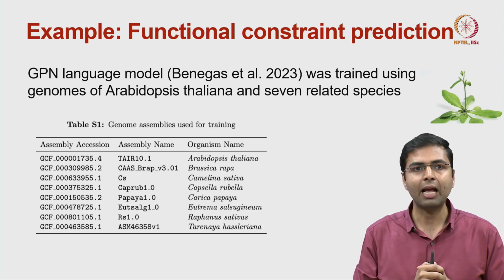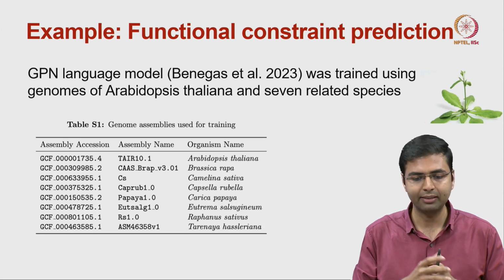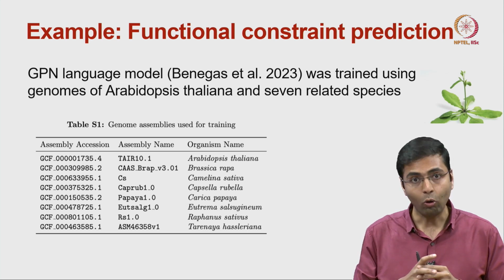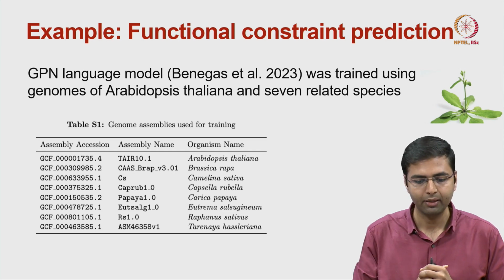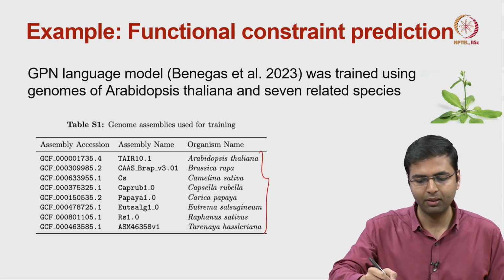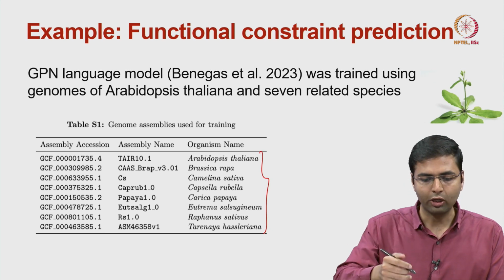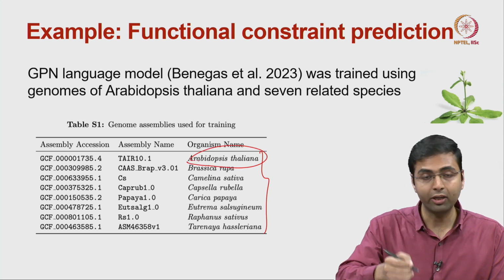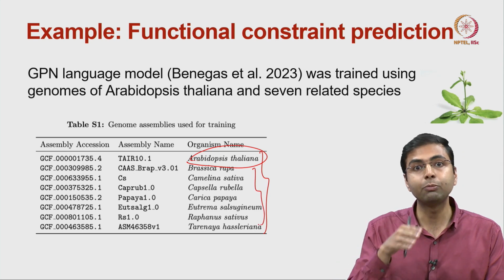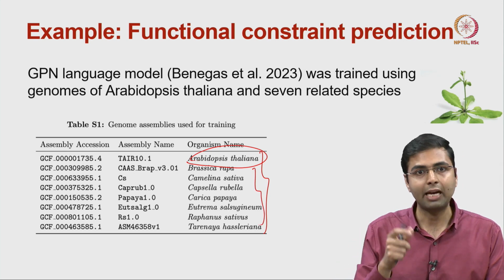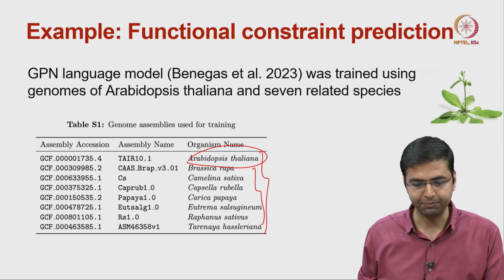Now, let us consider this example of a language model that was proposed in 2023, and this model was trained on the genome sequences of the plant Arabidopsis thaliana and also the genomes from 7 related species. So, Arabidopsis is a model plant organism, and the other 7 genomes are coming from species that are related to Arabidopsis, right.